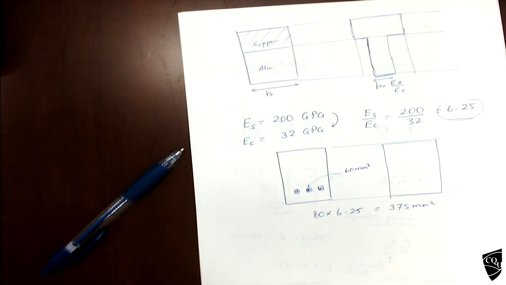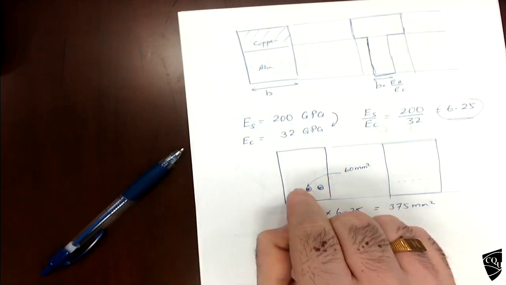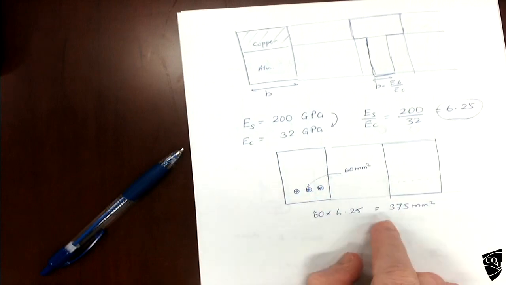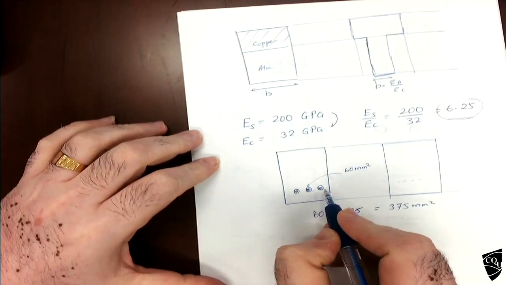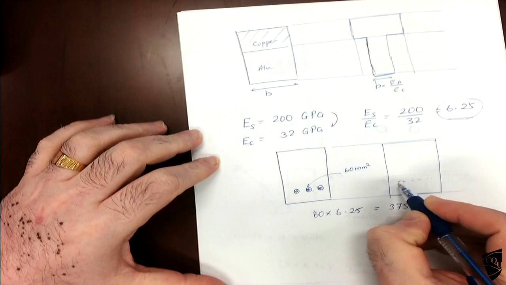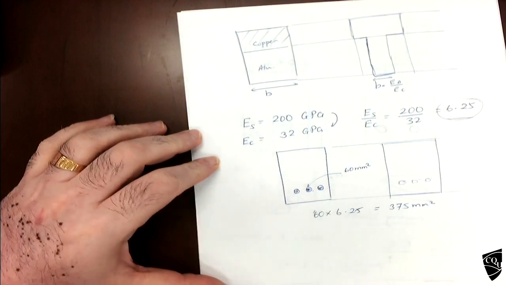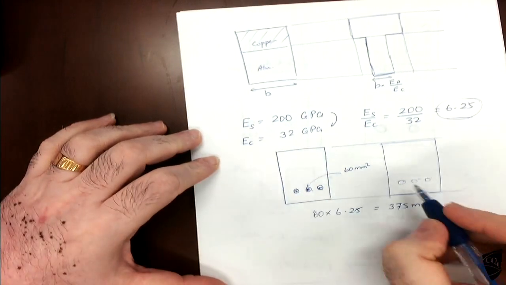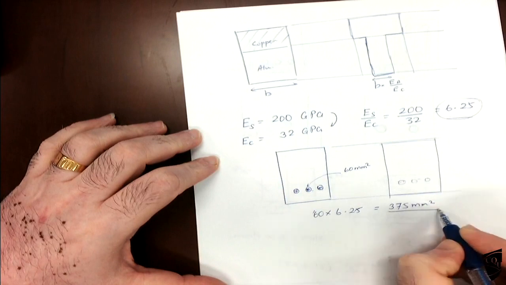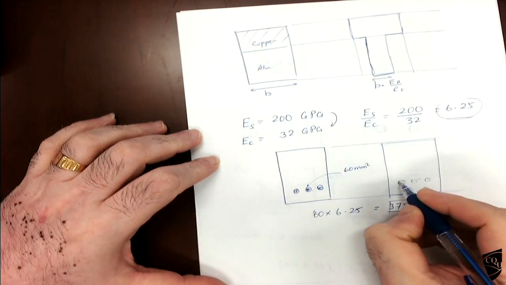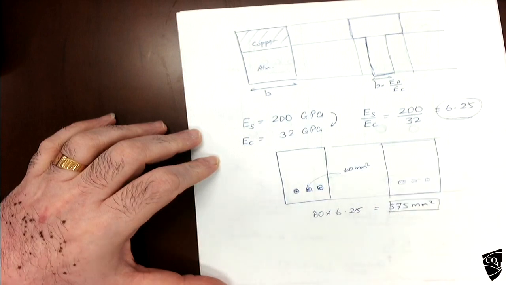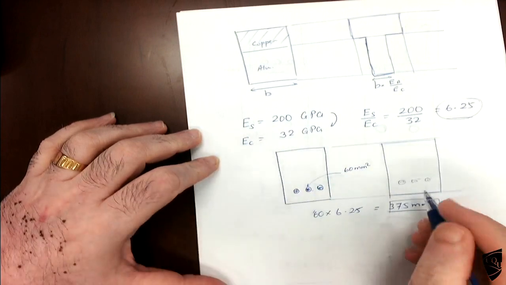So I need 375 square millimeter of concrete, which I am going to put here. I am going to remove the steel and put this much concrete. If I remove this steel, there will be 3 holes, because I took the steel out and then put in the concrete. Out of this 375, 60 will replace here, 60 will go there.